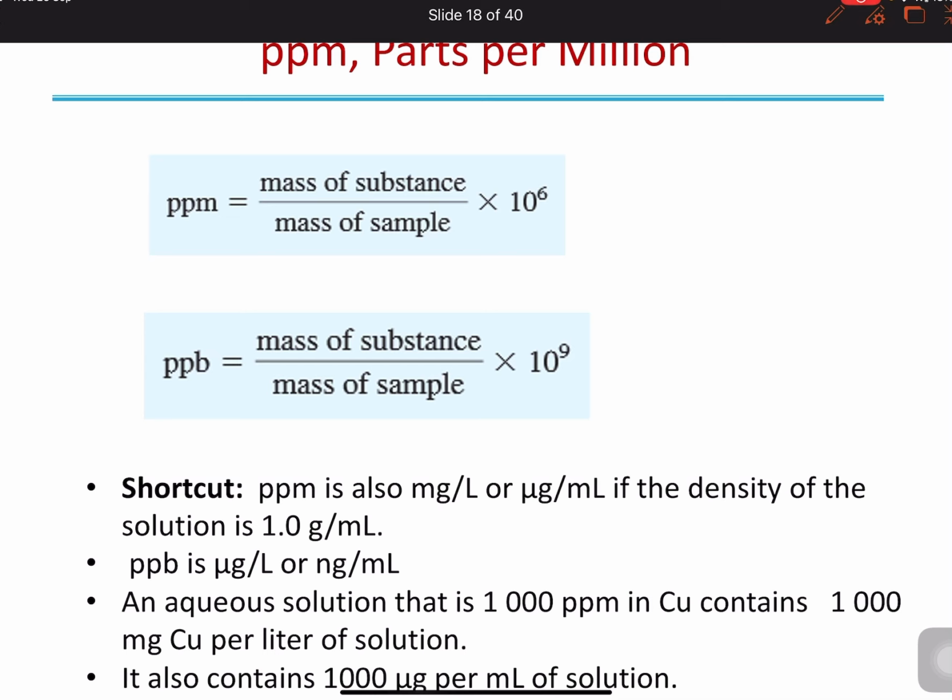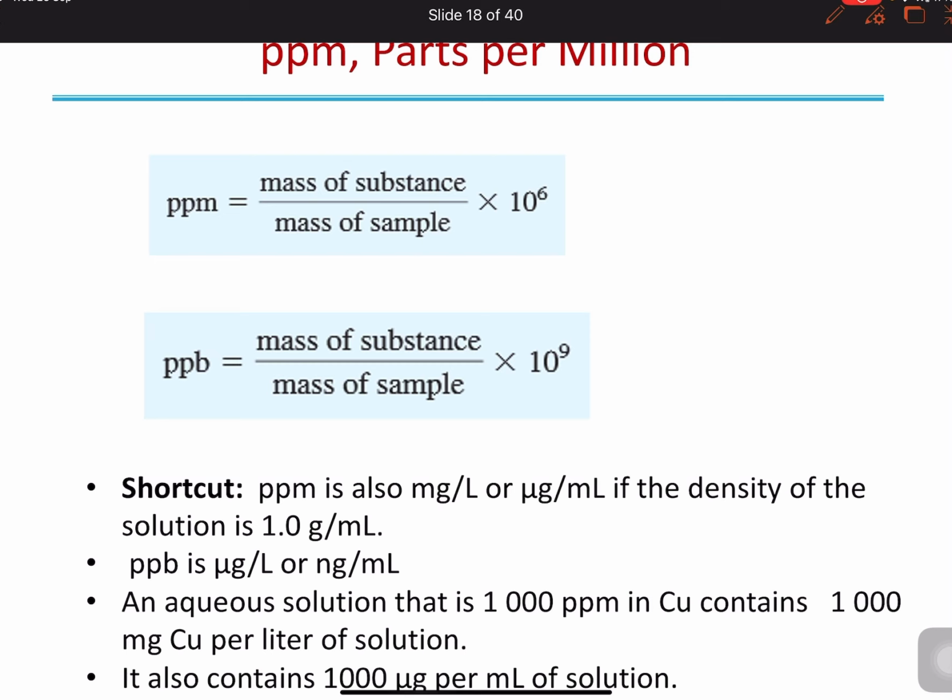So part per million is going to be, instead of the mass of the substance over the mass of the sample, the mass of the substance over the volume of the sample. And then part per billion will be 1 part in a billion parts of the sample as well. So part per million can also be expressed as milligram per liter or microgram per milliliter.